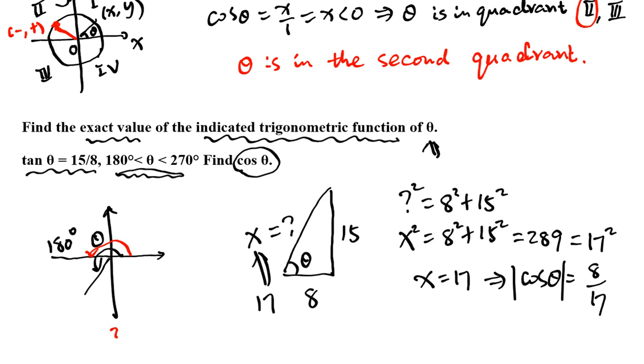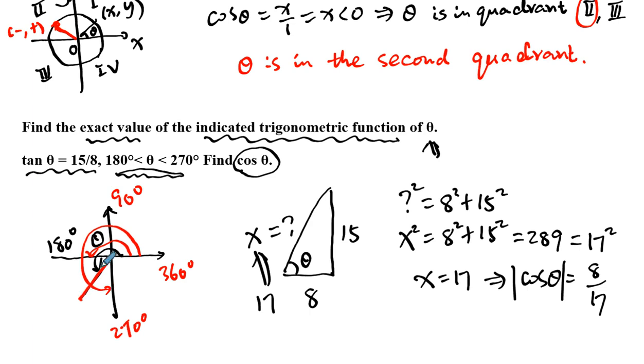And here is 270 degrees. Here is 360 degrees. 90 is right here. So you rotate to 270. So theta is this one, between 180 and 270.